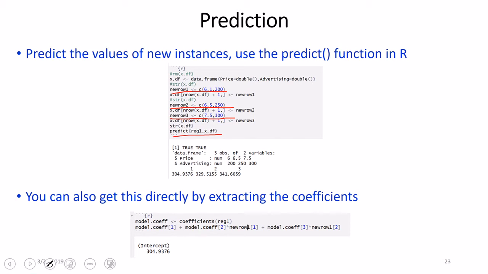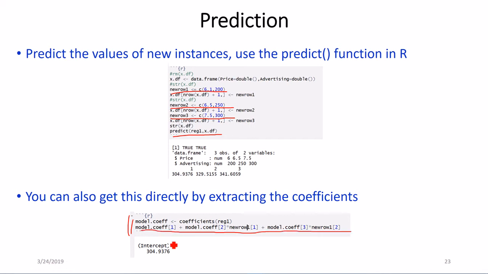If you don't use the predict function, you can also get this directly by extracting the coefficients from the model. So we extract the coefficients using the coefficients function, and then take the sum product of the coefficients and the instance. The result should be the same.